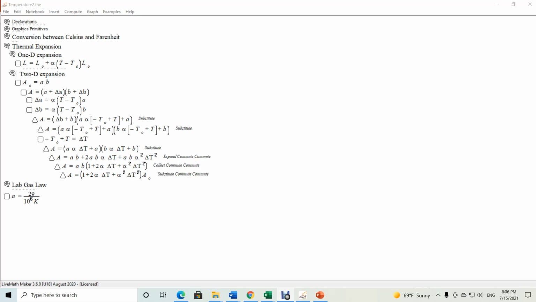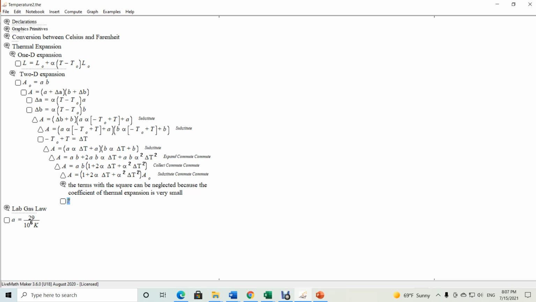So the term with the square can be neglected because the coefficient of thermal expansion is very small. Okay? So what can we do?